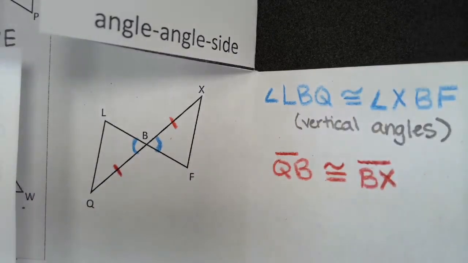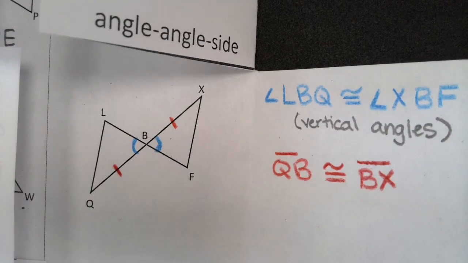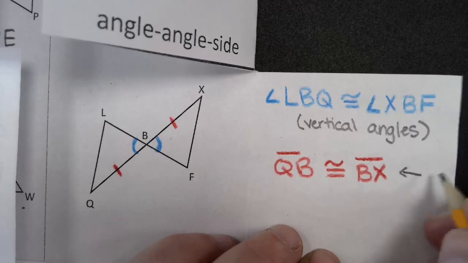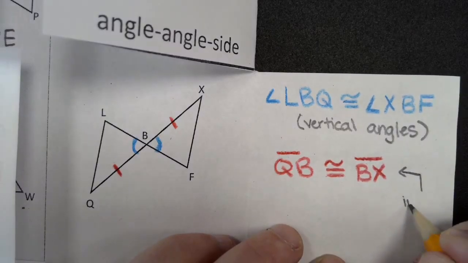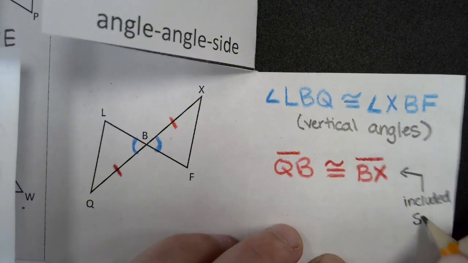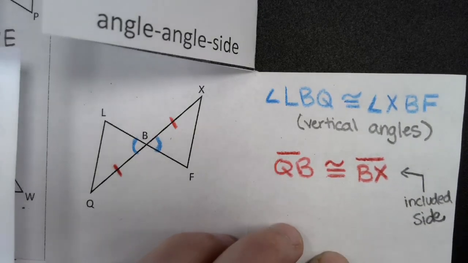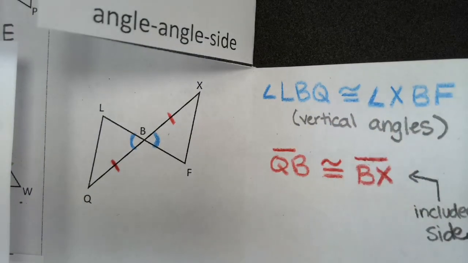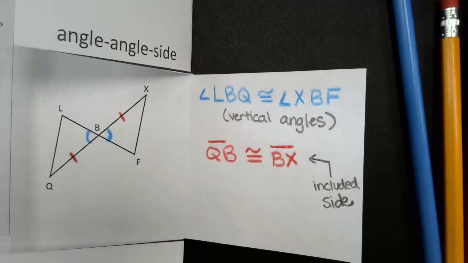And the reason why that side is really important is because that side is going to connect us to the next angle. Because it's angle, side, angle. This is called the included side. Because it connects the angles.